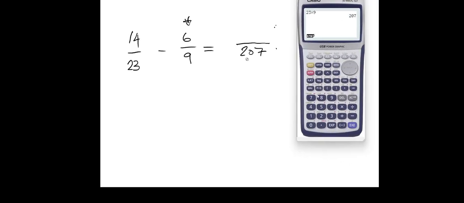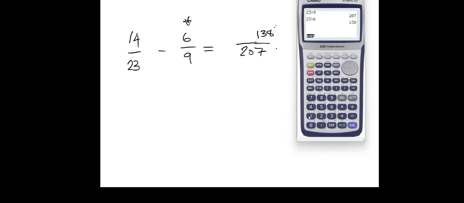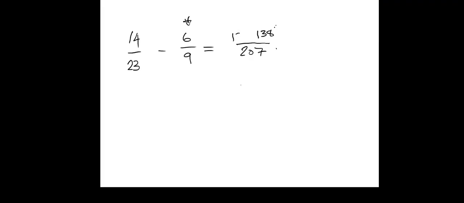Again, I'm not really too hot on my 23 times tables. 138. Okay, and 9 times 14. My 14 times table really isn't much better than my 9 times tables. 14 times 9 is 126. And the negative sign comes over.